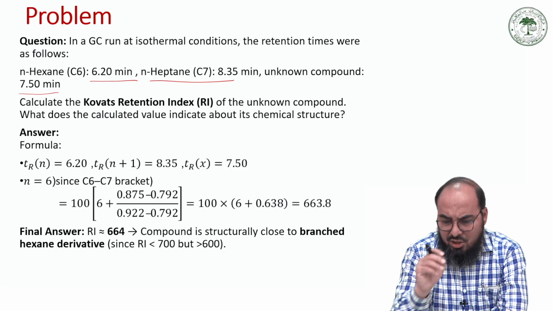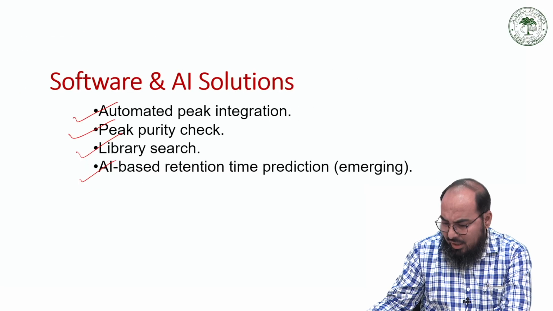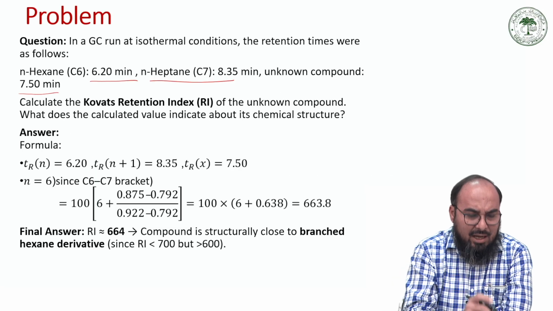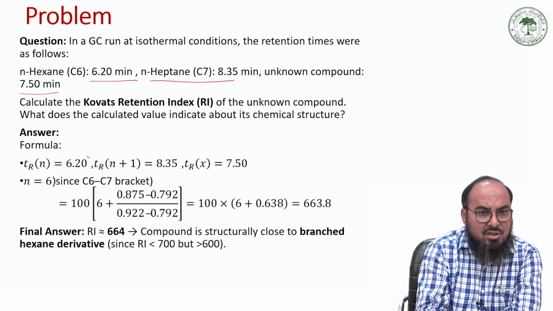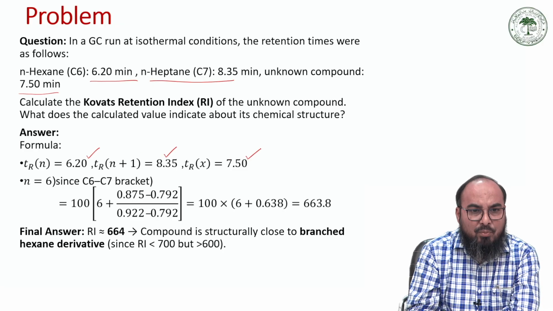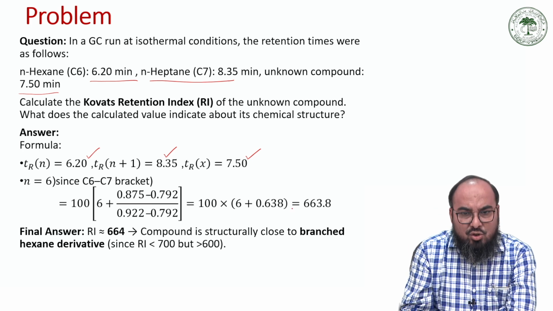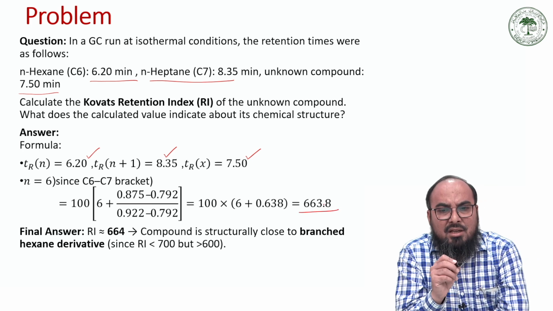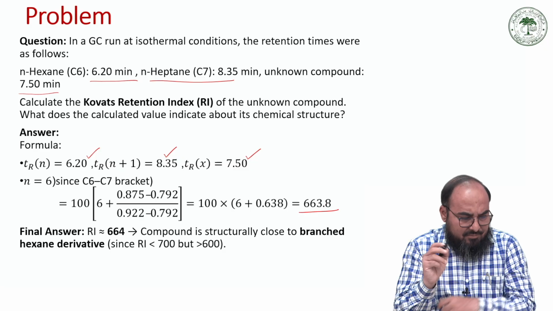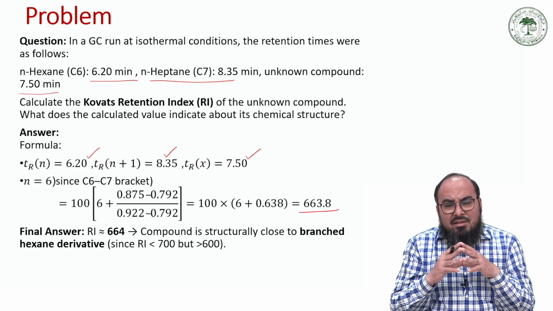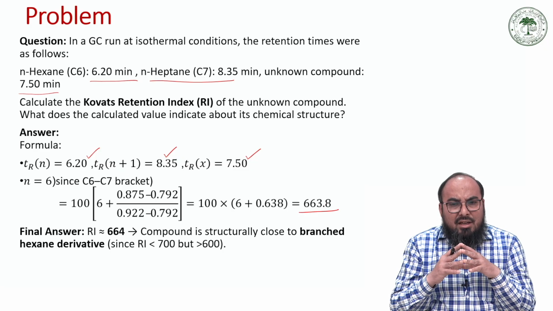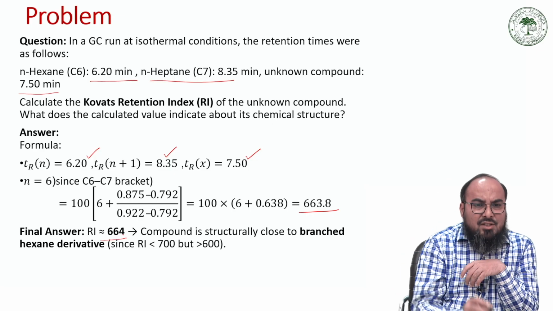So you have to use the formula which we have discussed previously. You put these values into the formula, and when you solve it, your reading comes out to be 663.8. If you round off, you will get 664.